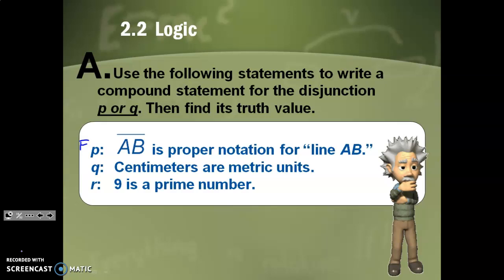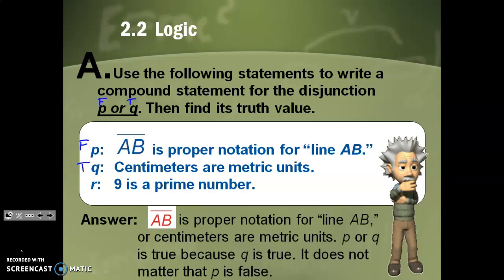So again, or, we only need one of them to be true. So in this one, since Q is true, we get a false and then true. So then we're going to get a true statement because we only need one of them to be true.